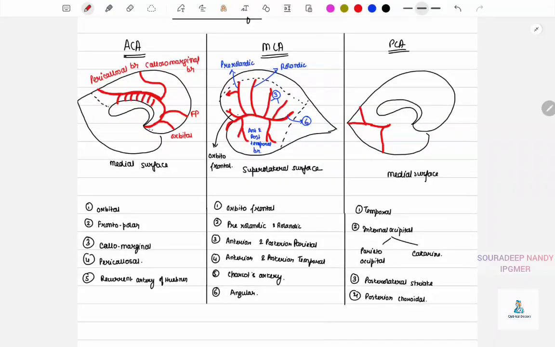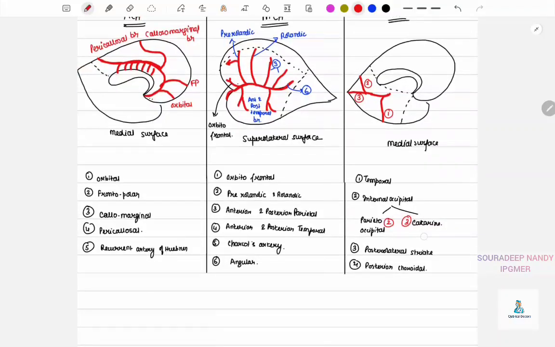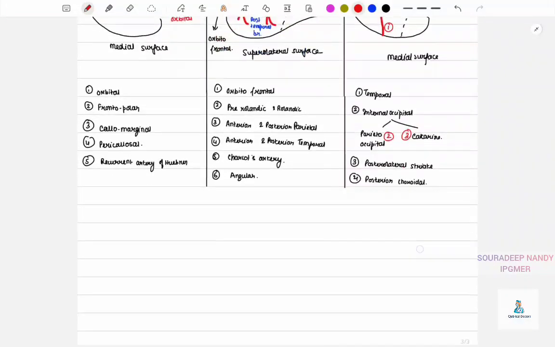So this is the area of supply of the posterior cerebral artery. The parieto-occipital branch occupies the parieto-occipital sulcus and the calcarine branch occupies the calcarine sulcus.